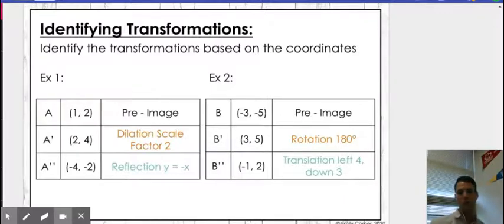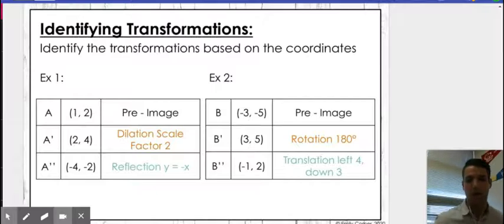The only other option would be translation, which conceivably could happen based on just the 1 coordinate. So if it's only 1 point, either could be the case, because we could have said that it could be a translation of +1, +2. But this one also would fit, so both would be acceptable answers.